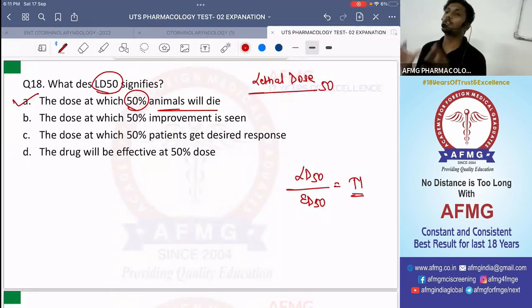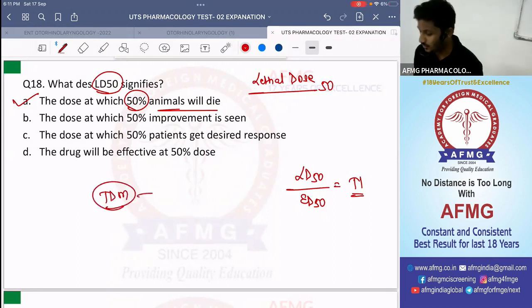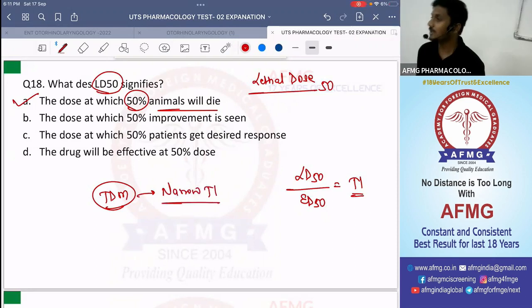Therefore we will need close monitoring of these drugs, and that is what is called therapeutic drug monitoring. So therapeutic drug monitoring is usually done for drugs with a narrow therapeutic index.